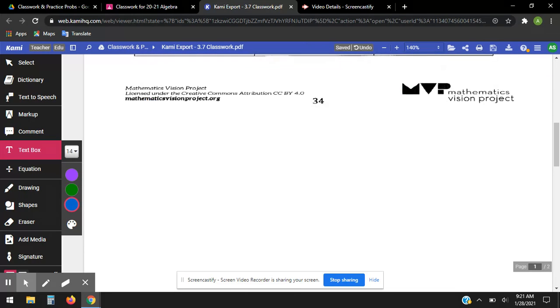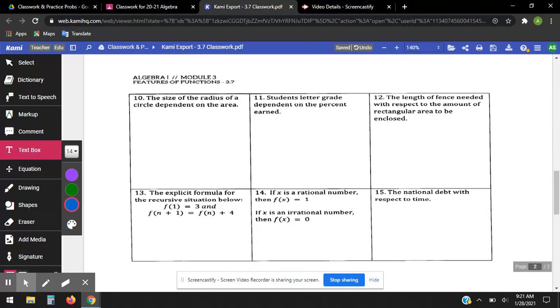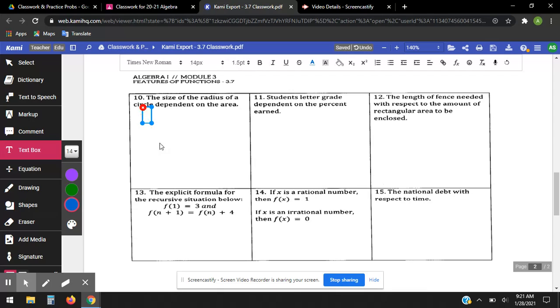All right, only a couple more. The size of the radius of a circle is dependent on the area. Okay, so this time they're telling us it's dependent on the area, so x has to equal the area and y has to equal the radius because of how they worded it. So if I have an area of 36, can I solve for a radius?